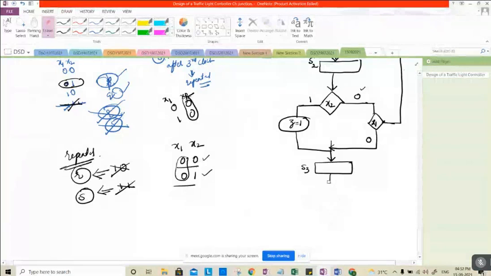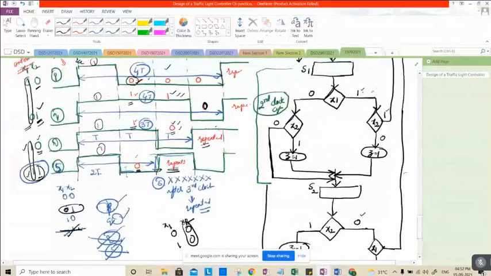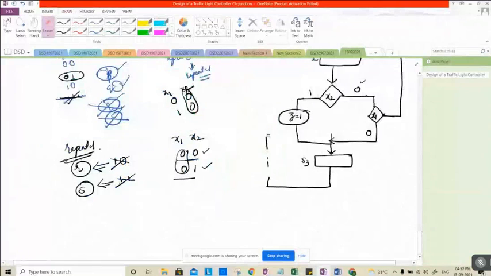I'll be saying that after S3 we may move on to the initial state. Will it work? Directly.